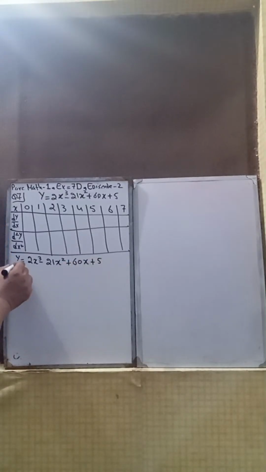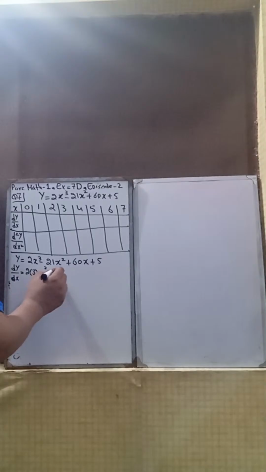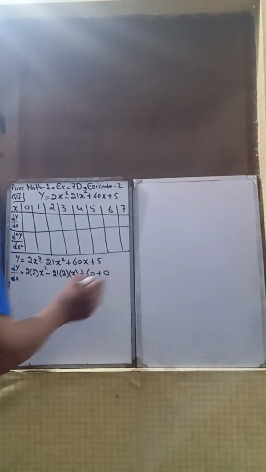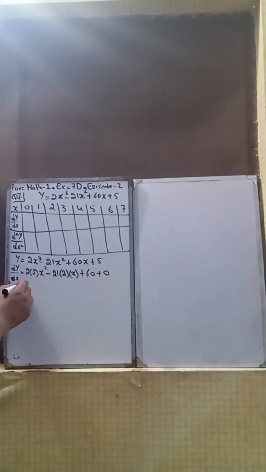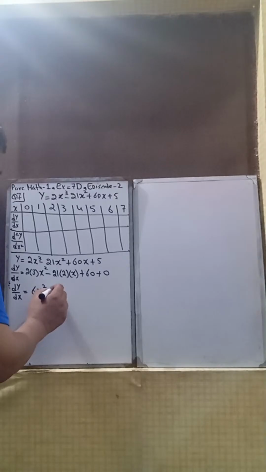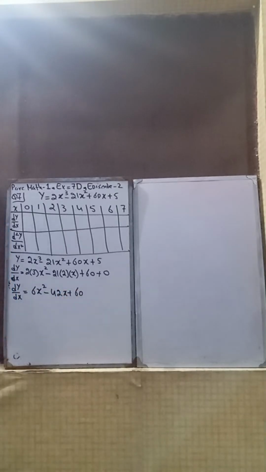My dy by dx will be equal to 2 into 3 into x square minus 21 into 2 into x plus 60 plus 0. This is my first derivative. So dy by dx will be equal to 6x square minus 42x plus 60.